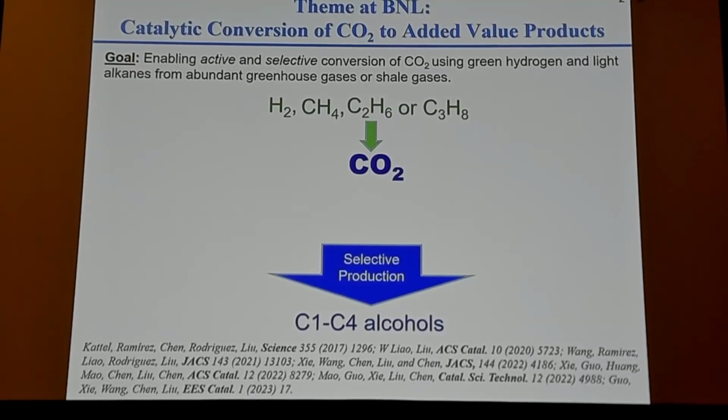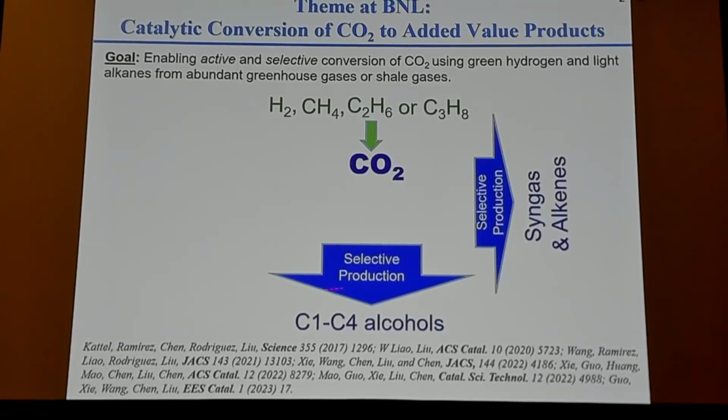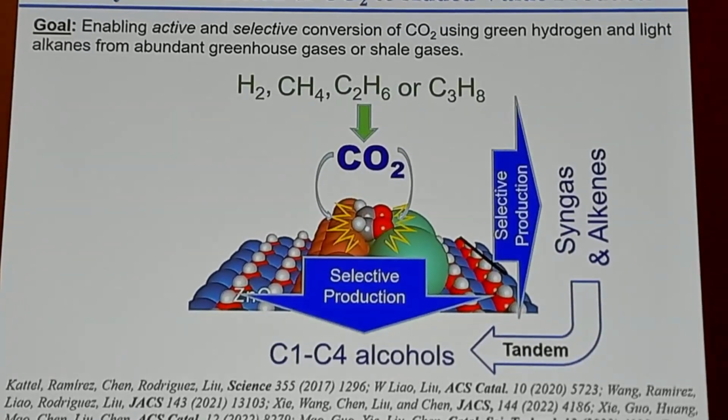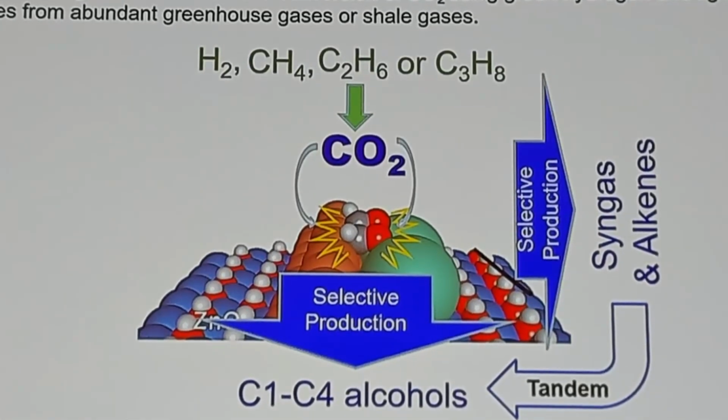In some cases that is very difficult to achieve, so we're also interested in selective production of syngas and alkanes, which can be further converted to alcohols via tandem hydrogenation reactions. So these are the reactions we're interested in. The catalyst we're looking at is what we call a complex catalyst, where you involve a lot of ice at the interface. I will get back to this later and show you why we're interested in this.